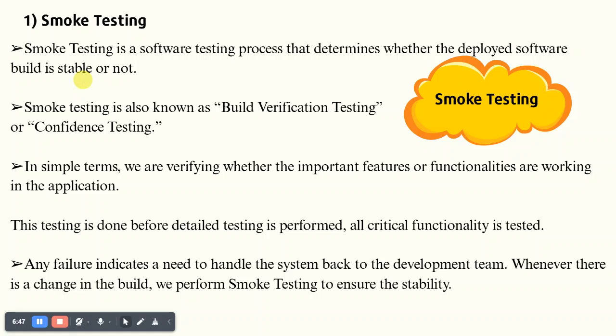If it works as per the customer requirement, it is known as stable. If not, we go back to the developer, raise a bug, and get it fixed. That kind of testing, when you deploy software to check whether the build is stable or not, is known as smoke testing.